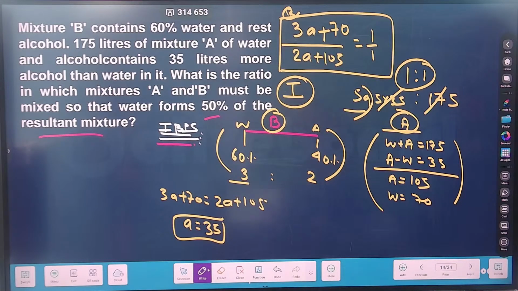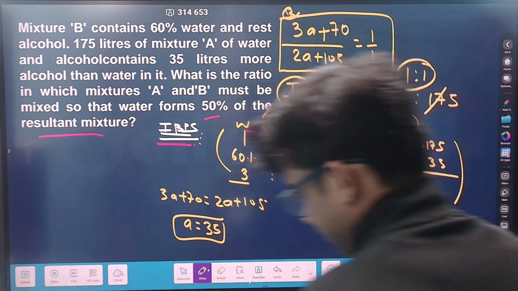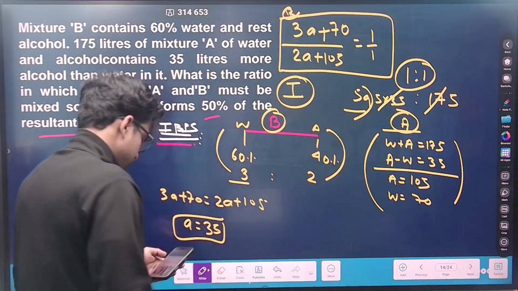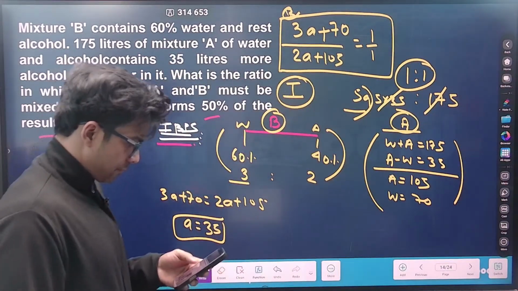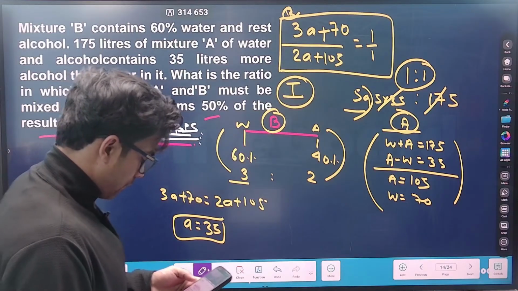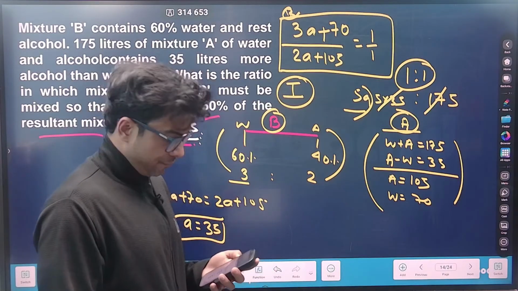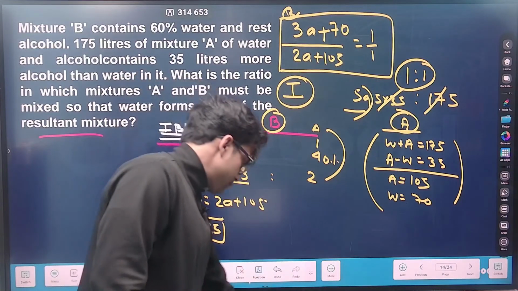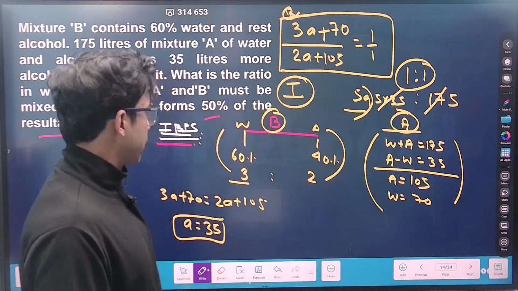Narsimha and Siddharth, you got this process? Narsimha, are you there? I hope you got this.